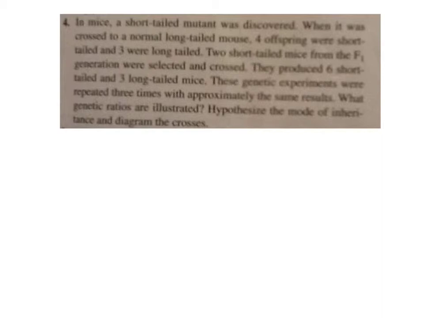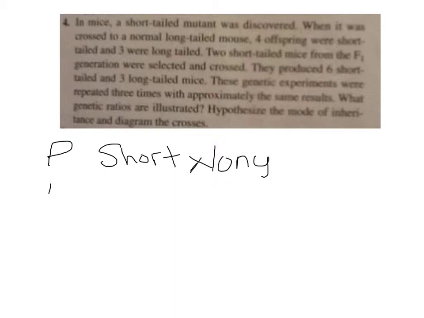So if we say our P generation is short crossed with a long, and our F1 generation is going to end up being 4 short and 3 long.